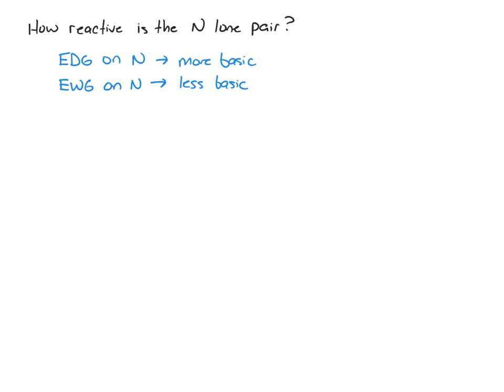So just to look at a few simple amines. Here we have ammonia, methylamine, and dimethylamine. So we know that hydrogens are very slight withdrawing groups.